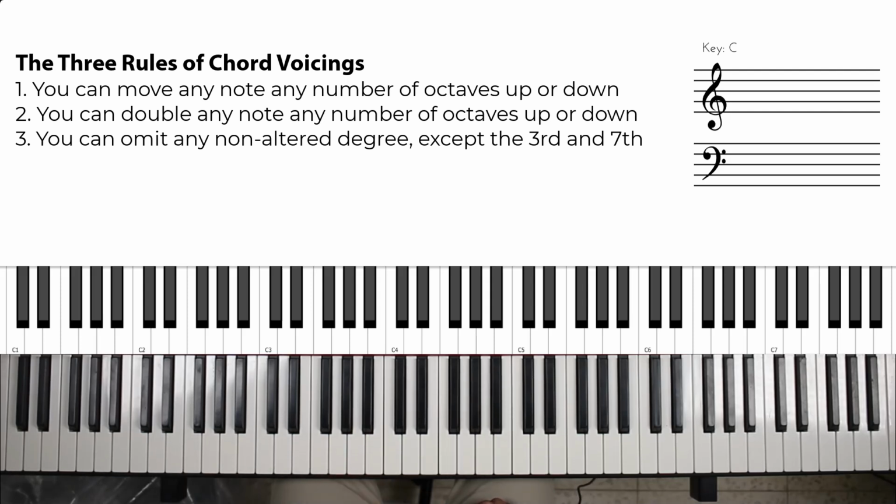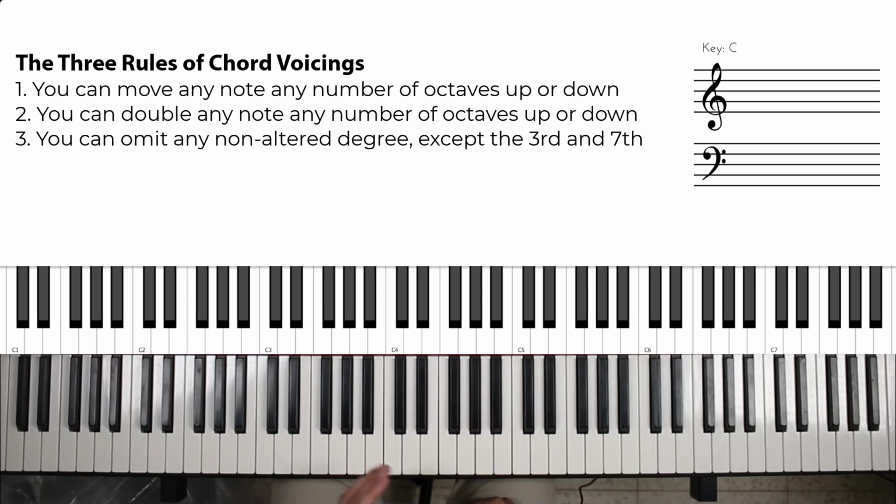Rule number 2, you can double any note as many times as you want. Doubling simply means playing the same note any number of octaves higher or lower. And rule number 3, except for the 3rd and 7th degrees, any unmodified chord degree can be omitted. Now, these rules will become clear as we put them to good use in several examples.